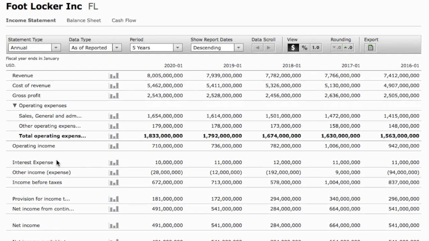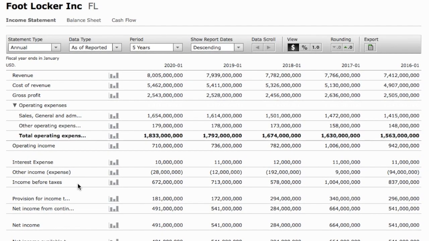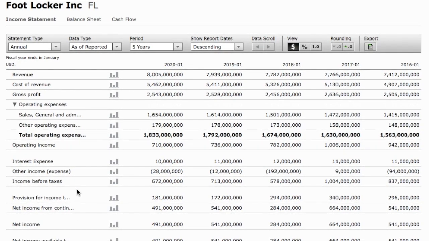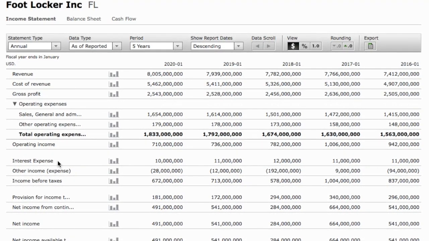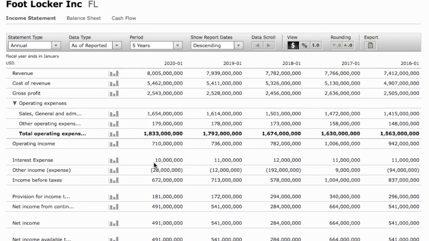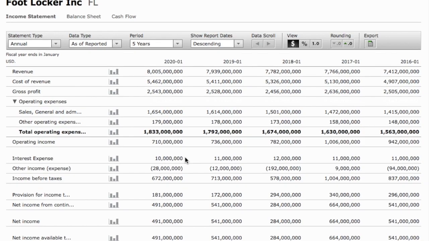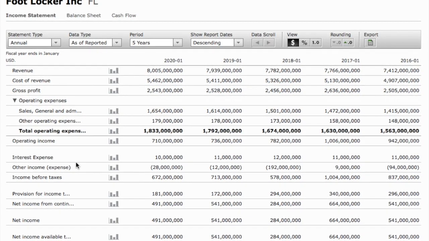Next, we need to factor interest and taxes into Foot Locker's operating profit to get something called net income. First up, we subtract Foot Locker's interest expenses, which is just how much they paid in terms of interest onto things such as bonds, loans, or lines of credit.